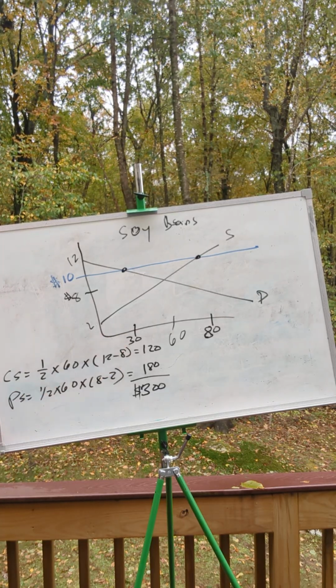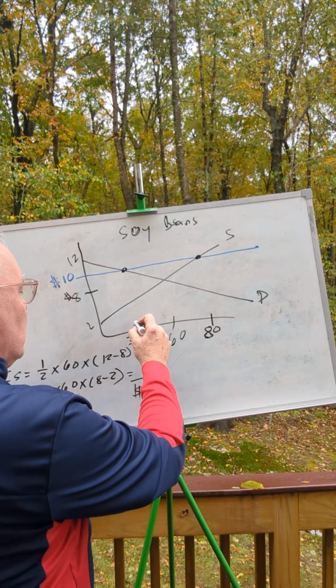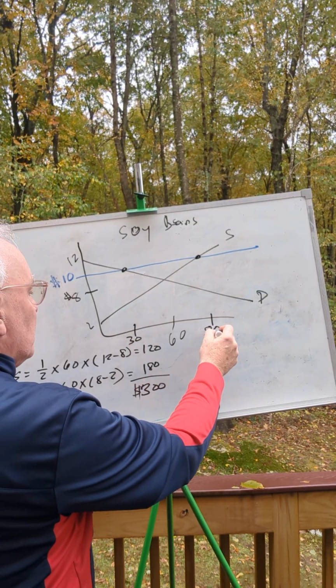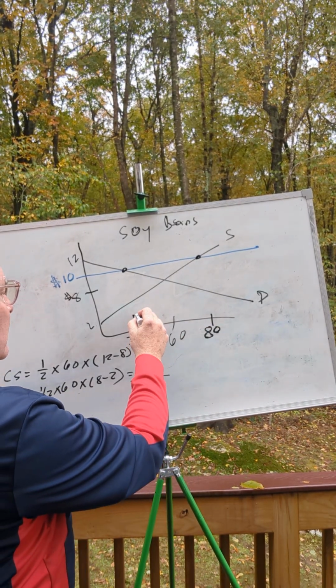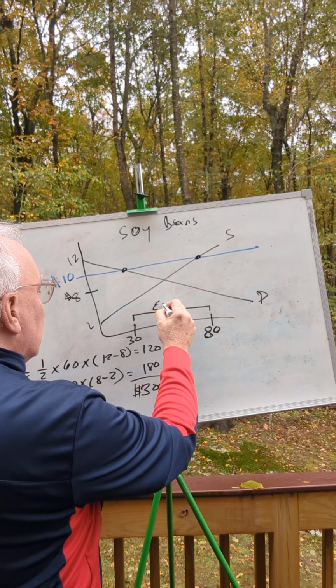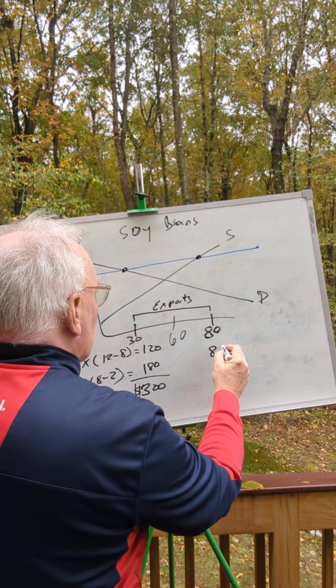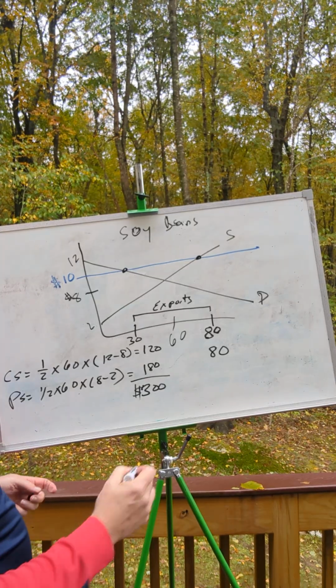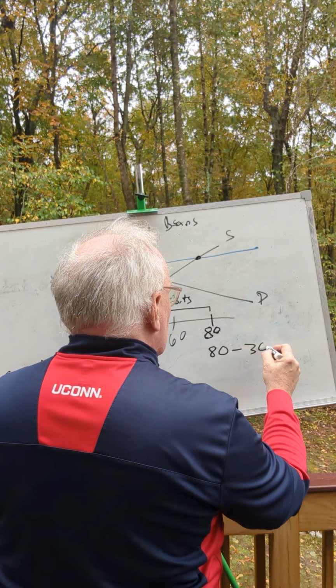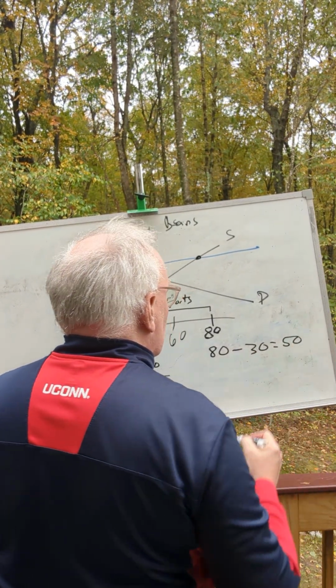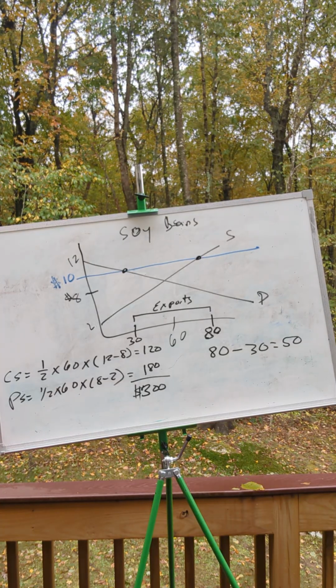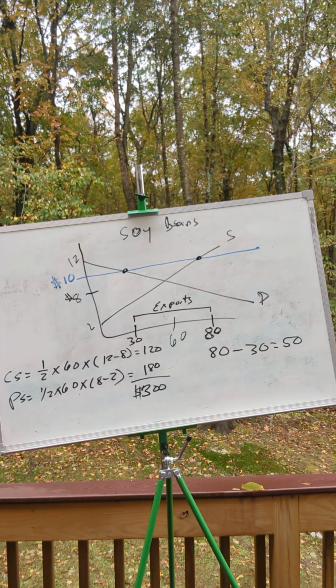Consumers are buying less. And so the difference between what the producers are producing and what the consumers are buying, we're going to export. So our exports are going to be the quantity supplied at the higher price minus the quantity demanded at the higher price. And so we're going to be exporting 50 soybeans.